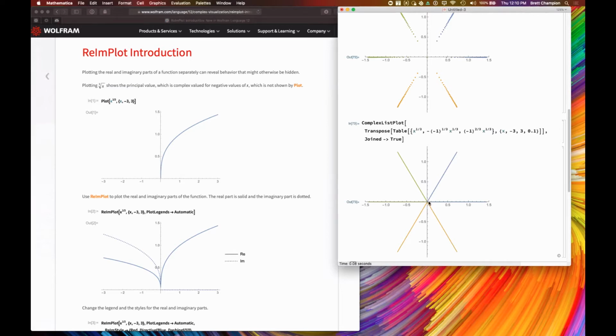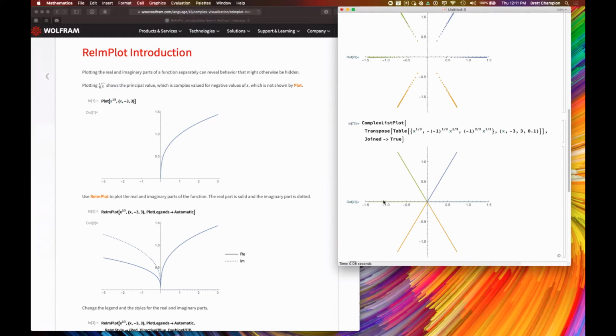And so you can see that it's real valued along the positive x-axis, and then it goes complex off along a particular direction for negative values of x. This one is complex everywhere.